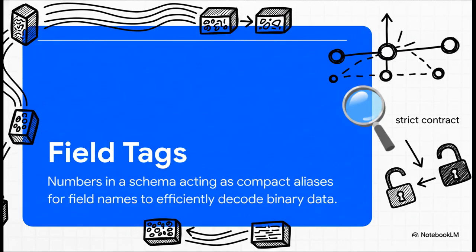These are just simple numbers defined directly in your schema, like say 1 for username, 2 for favorite number, 3 for interests. These tags act as compact aliases for the field names, creating a strict, unbreakable contract between the writer and the reader. Because the application already knows what tag number corresponds to what field name, the raw encoded bytes traveling over the network don't have to carry those heavy text strings at all.